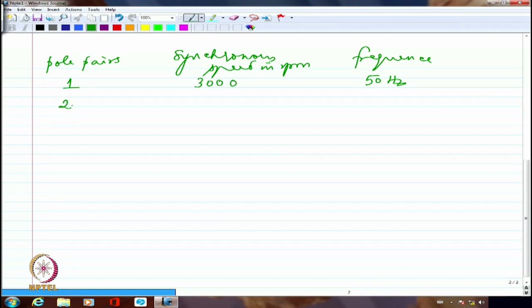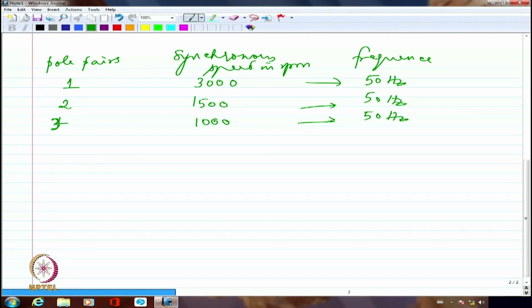If I have 2 pole pairs, it will be 1500 RPM for 50 hertz itself. If it is 3 pole pairs, please understand it has to be in a pair, I can't have an odd number. So if there are 3 pole pairs, I am going to have 1000, and so on and so forth. All the frequencies correspond to 50 hertz. Is this clear?